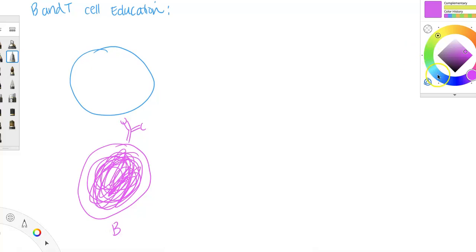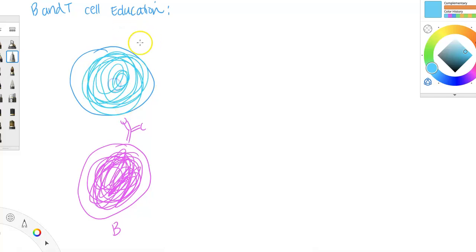And in the T cell, its receptor is a T cell receptor. So here's a T cell. And remember, these are really specific. So this is what it's looking for, that little thing right there.